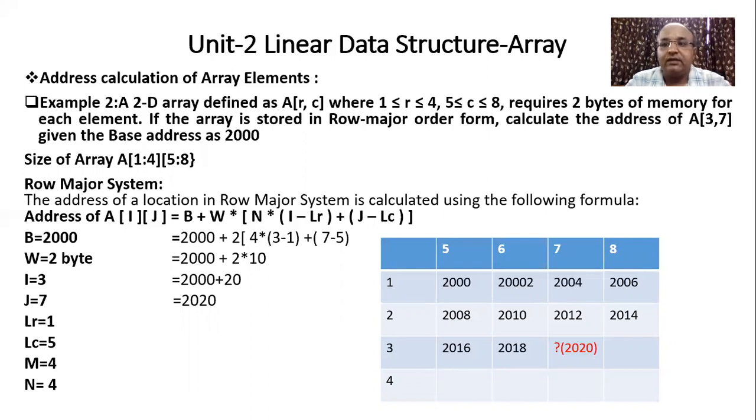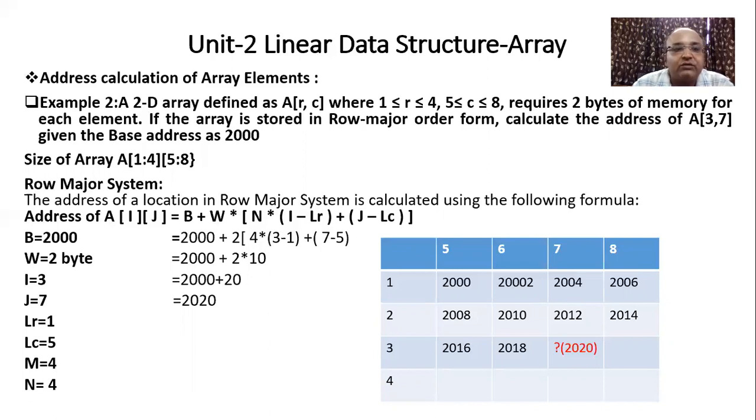This is the index of the element for which you are going to find the address. The given base address is 2000. They have given all the parameters, but the size of the array is given in a somewhat different manner. Only the difference is this.